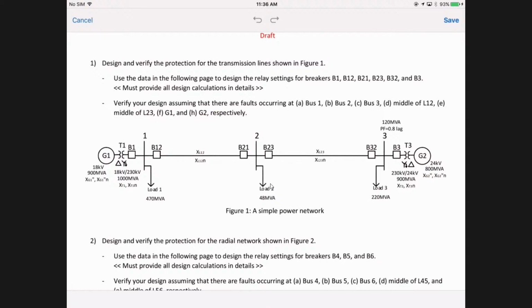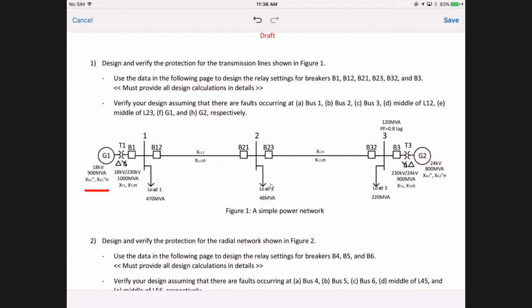But a lot of equipment from the manufacturer gives percentage per unit. Per unit is a common base for everything based on the rating.